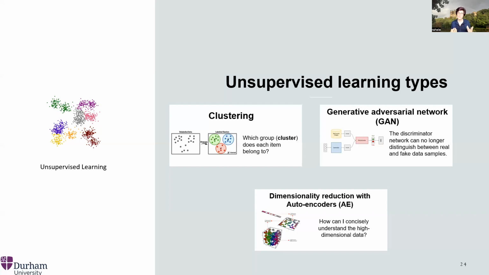However, how can I be sure if it is good enough and similar to our real data set? So we prepare another network. It is called the discriminator, and its duty is just to find out if my produced data is similar enough to my real data or not, and to give a label of fake or real. In this way, our discriminator and generator are adversarial, but they're working together to give us the best performance, and they're producing some new data that is very similar to what we would expect.